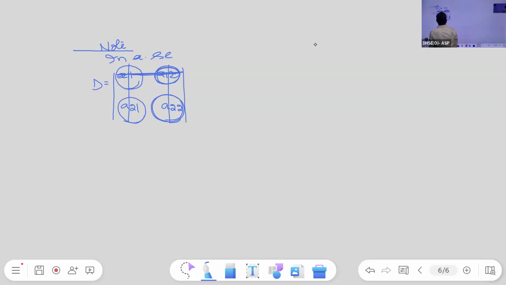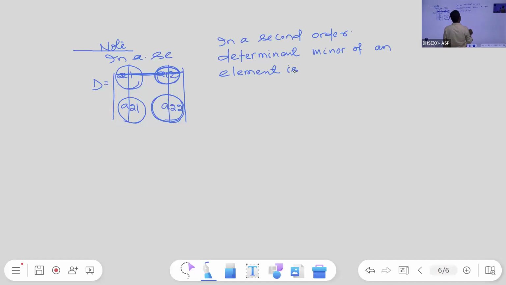Okay. So write down: in a second order determinant, minor of an element is the diagonally opposite element.